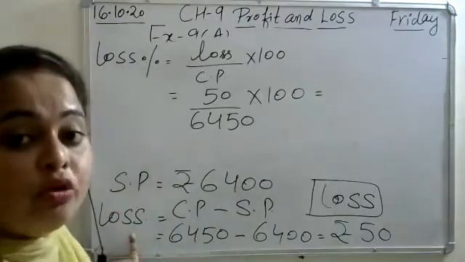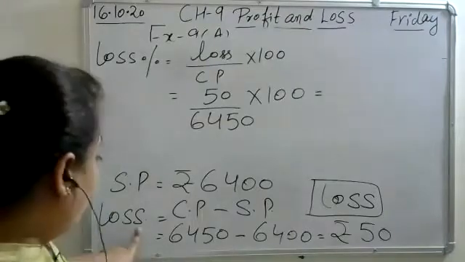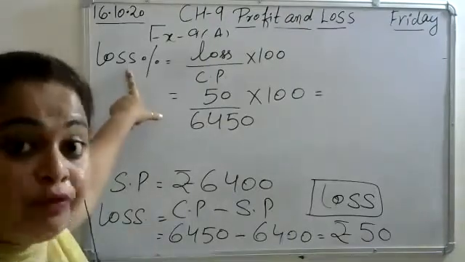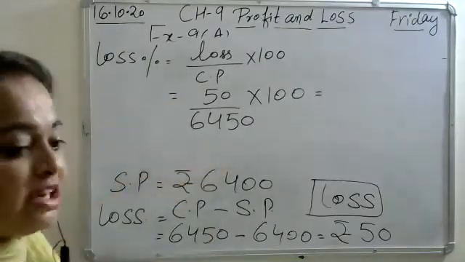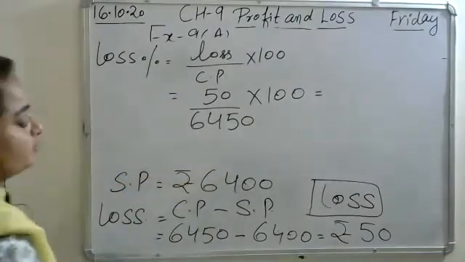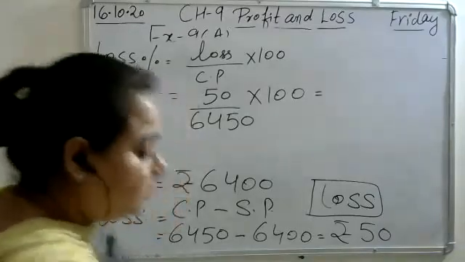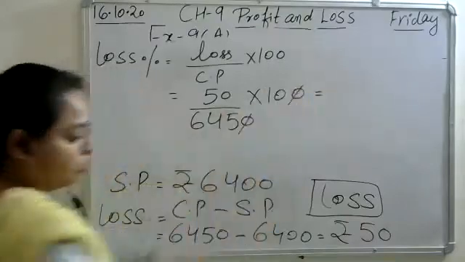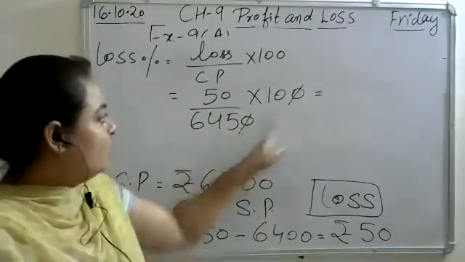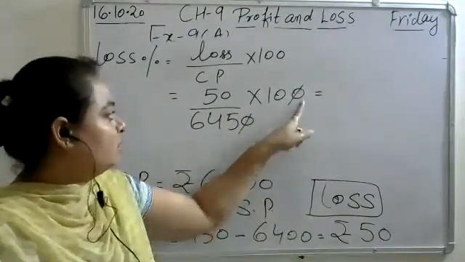The question is not only based on loss, the question is based on loss percentage. So first of all, you will find out the loss. After that, apply the formula of loss percentage. Now, is there any cancellation possible here? Look, 0, 0, cut. 0, 0, cut.